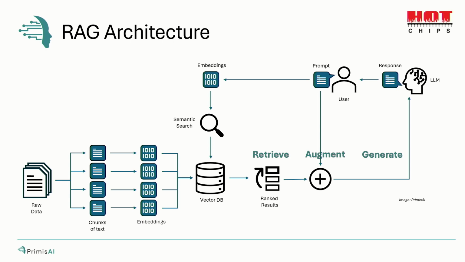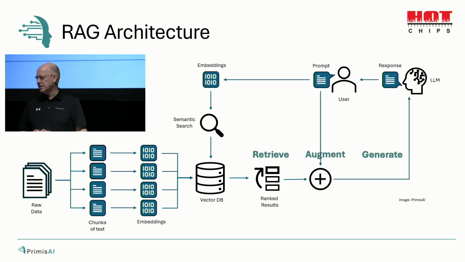So this is how RAG works at a high level. You can envision having a corpus of raw data where the raw data is divided up in chunks of text, and these text chunks are translated into embeddings, similar to what I explained earlier. These embeddings are stored in a vector database, and now you can use that vector database to do a semantic search.